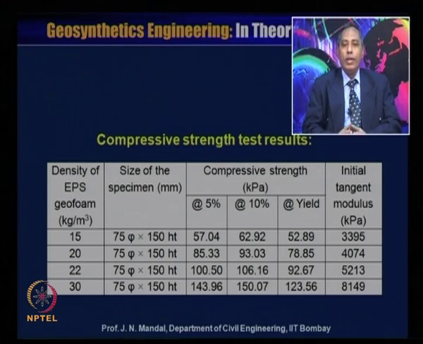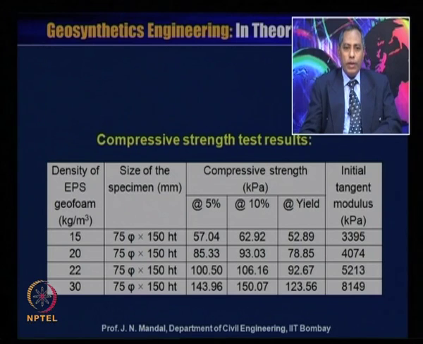Now, most important, we have to determine the compressive strength value in kilopascal at 5% strain and 10% strain, and also the yield value and the initial tangent modulus value in kilopascal. This value is important because we want to adopt it for the design of any structure.